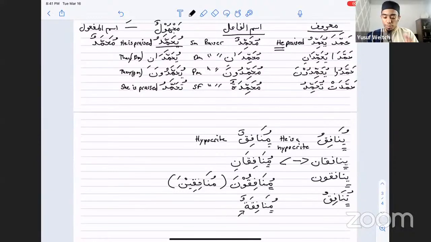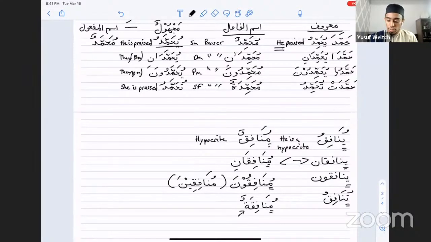Right, so recap: ism al-fa'il and ism maf'ul form 1 are made with the pattern fa'ilun and maf'ulun. Form 2 to 10, the ism fa'il is made from the present tense ma'ruf, which is active, where the doer is known, and the ism maf'ul is made from the present tense where the doer is not known, the majhul, the passive.